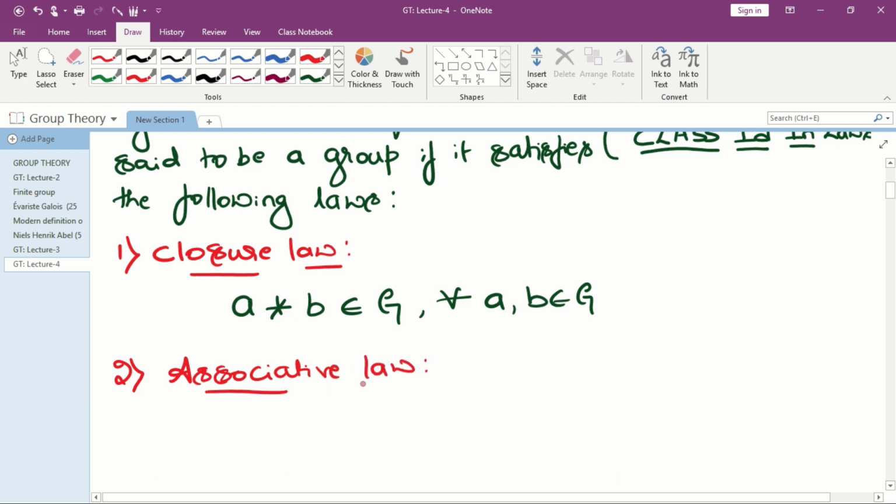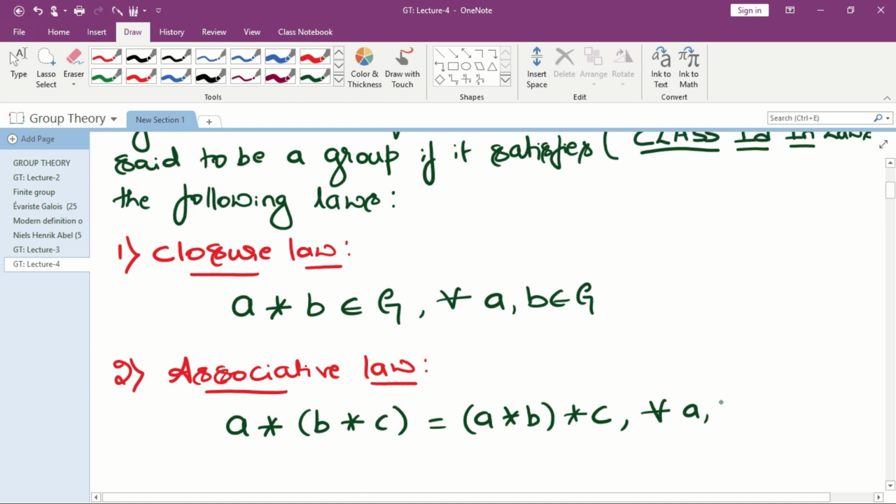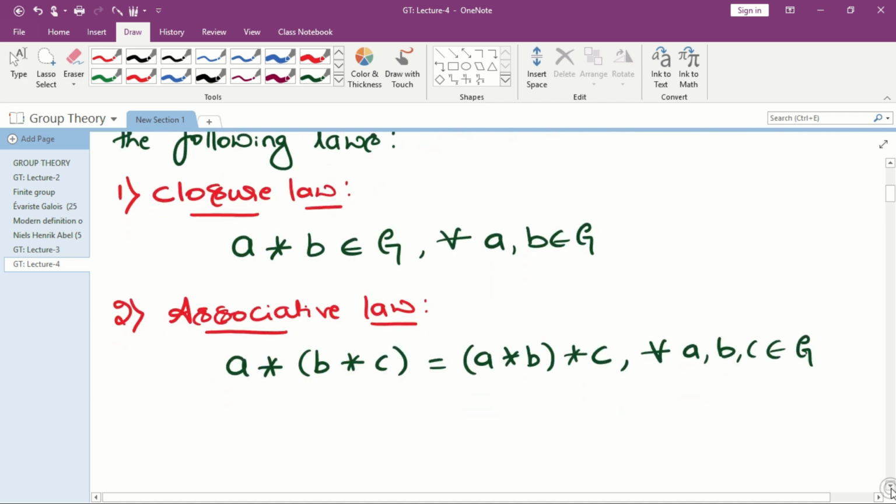So what is associative law? A star (B star C) is equal to (A star B) star C, and it must be true for all A, B, C belongs to G.